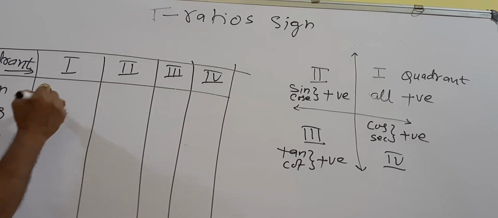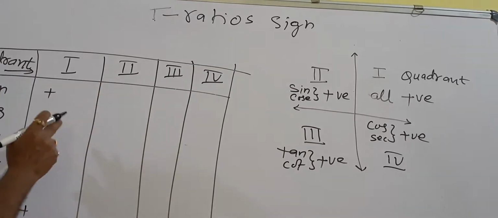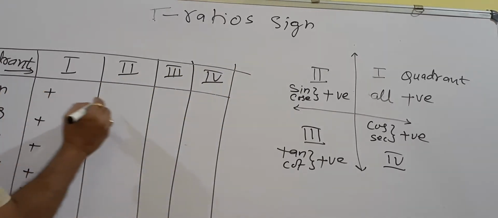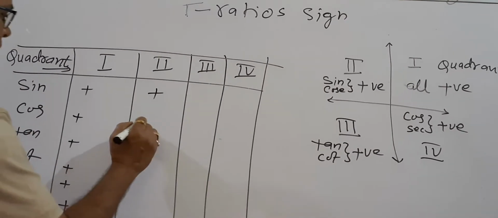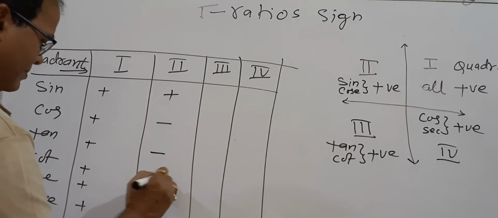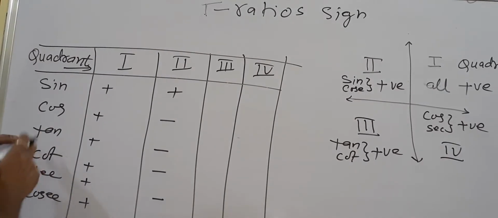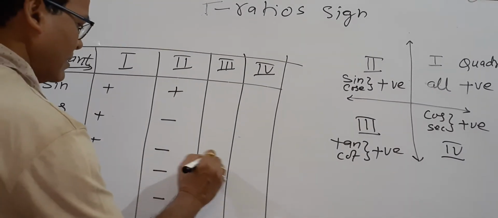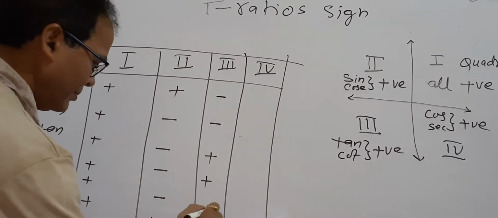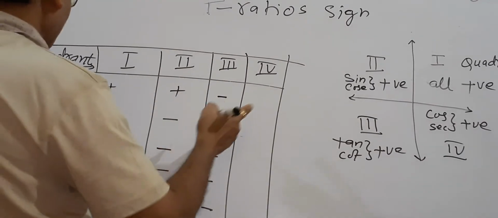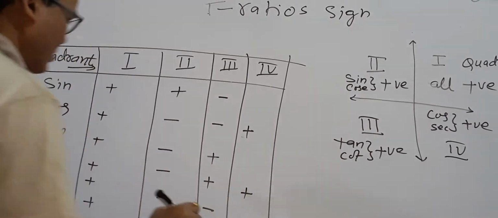First quadrant, all positive: plus, plus, plus, plus, plus. Second quadrant, sine and cosec positive, rest all negative. Third quadrant, only tan and cot positive, rest all negative. In the fourth quadrant, cos and sec positive, rest all negative.